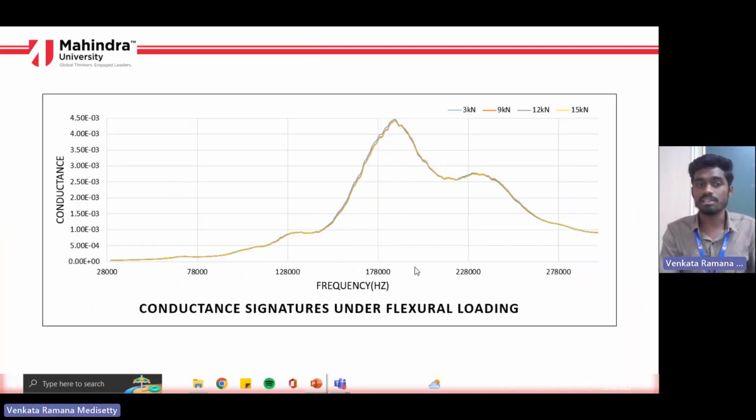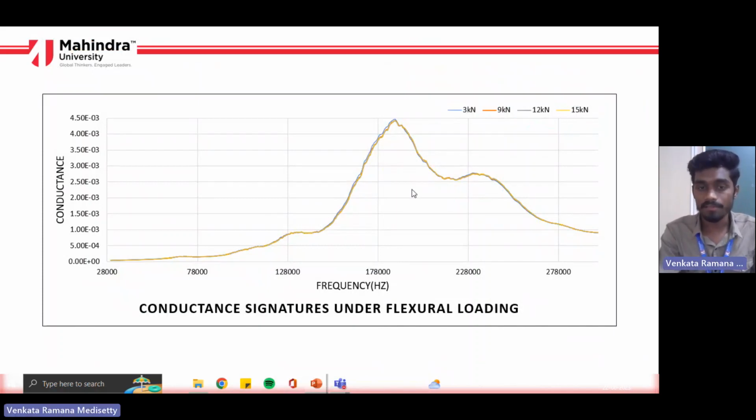Coming to the results, this is the output data that the LCR meter gave me. As you can see, barely 2 lines are visible, but there are 4 signatures embedded in it. One is 3 kilonewton, the blue one; the orange one indicates 9 kilonewton, then 12 kilonewton and 15 kilonewton. That means readings were taken at these load values.